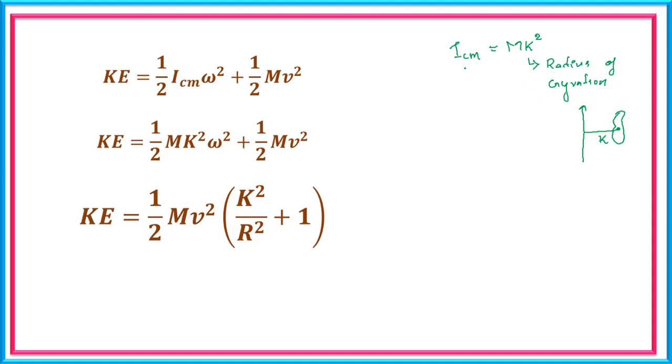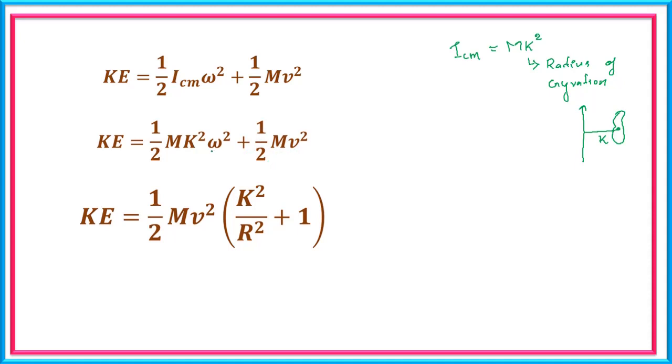Therefore, we can write the moment of inertia about the center of mass as mk square, where k is the radius of gyration. Therefore, we can rewrite this equation as half mk square omega square plus half mv square.